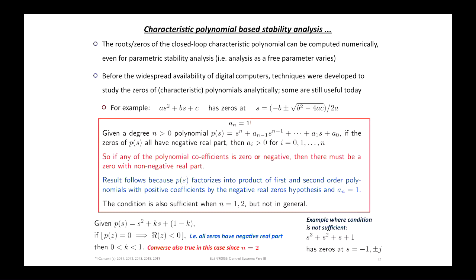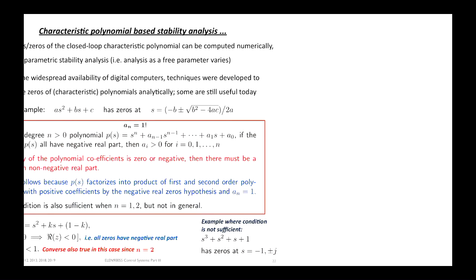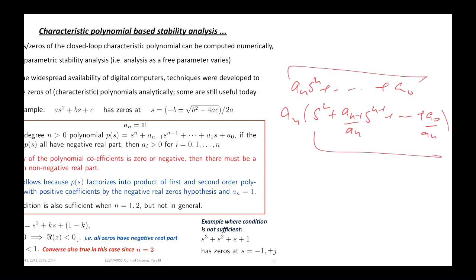Right, so if I've started off with this, I can always take a factor an out and normalise this. I haven't changed the zeros by doing this. So looking at the zeros of this is the same as looking at the zeros of this.